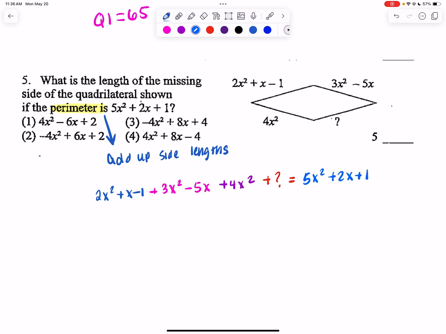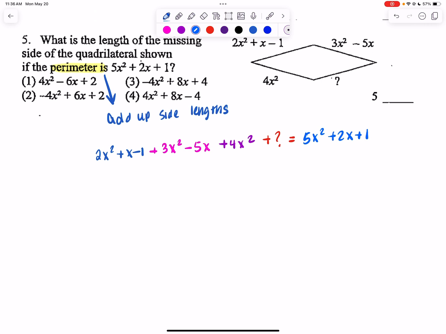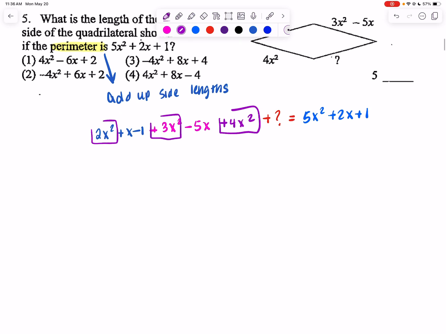So what I'm going to do is combine my like terms. On the left-hand side of my equation, my like terms are 2x squared, 3x squared, and 4x squared. Now notice I'm boxing the sign with them. So 2 plus 3 is 5, plus 4 is 9. So when I combine those terms, I get 9x squared.